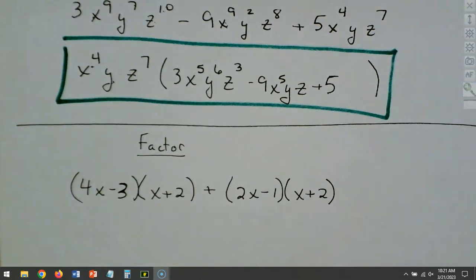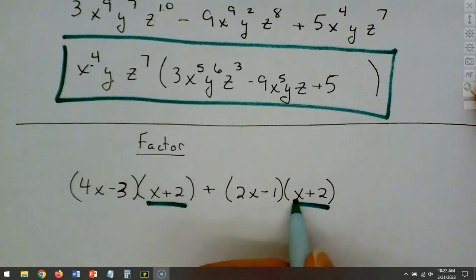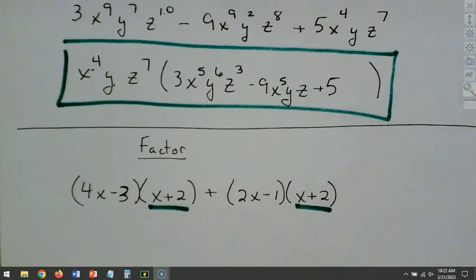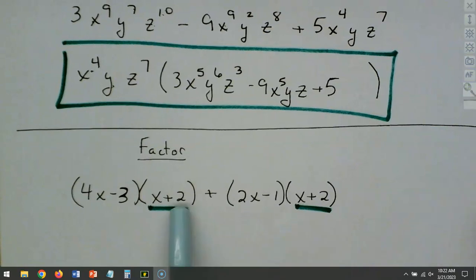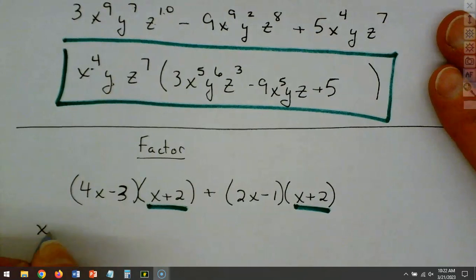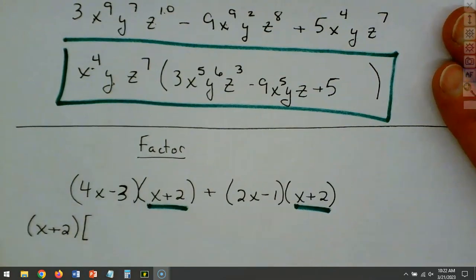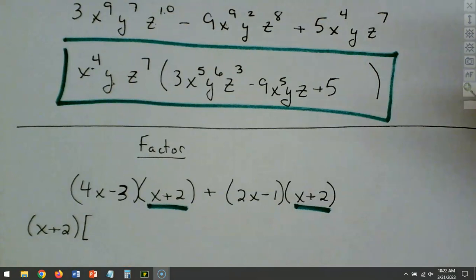Now, it doesn't just have to be a variable that's in common. It can be an entire set of parentheses that's in common. So it looks like these both have an x plus 2 in common, don't they? Right? There's two sets of those, x plus 2's. So that's going to come out. So I'm going to put the x plus 2 out in front. And then I like to use brackets for what's left over. That way I remember I have to simplify this down a little bit.